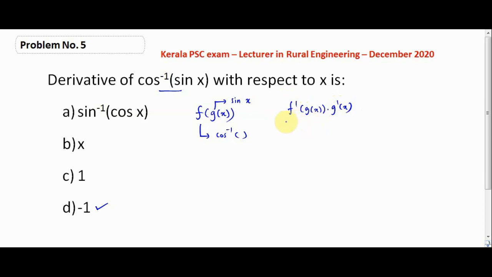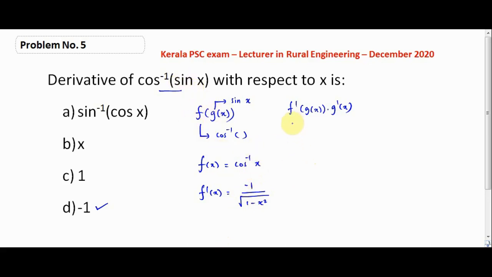Now we know that if f of x is equal to cos inverse of x, then f dash of x will be minus 1 divided by root over 1 minus x squared. In place of x, what we have is sin x.